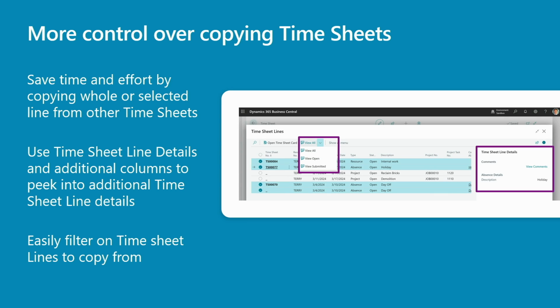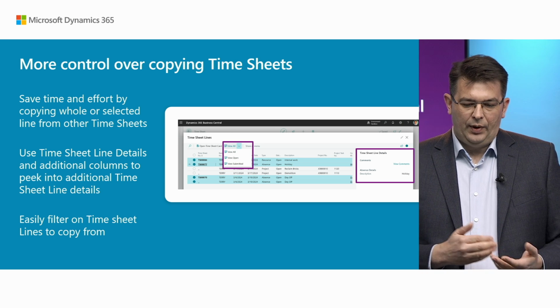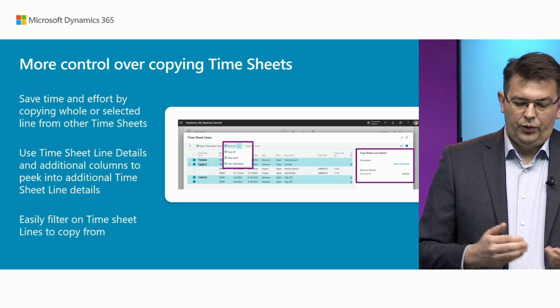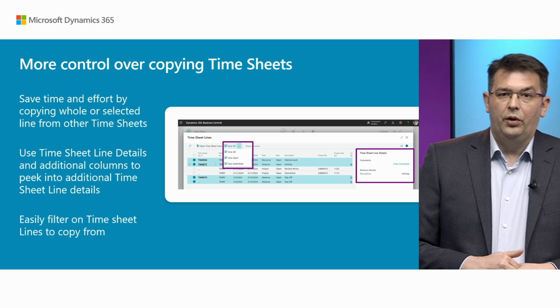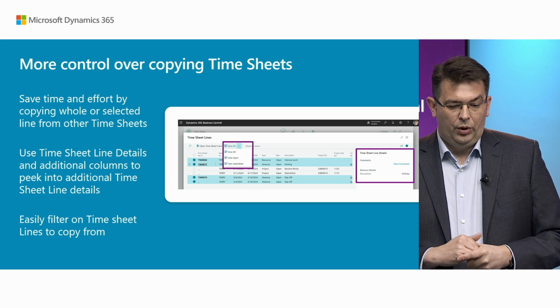To make timesheet entry even more efficient, we've also added extended capabilities of copying timesheet lines from your previous timesheets. It's not only the last one that you've entered, but we've now provided you with options to choose from either open or submitted timesheets and to pick the lines that you want to copy to your current timesheet.